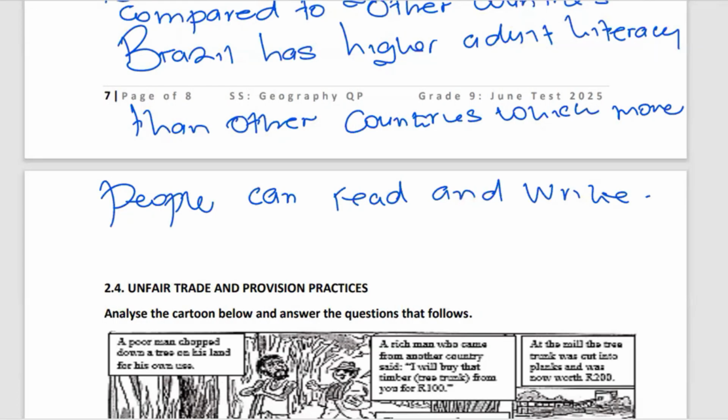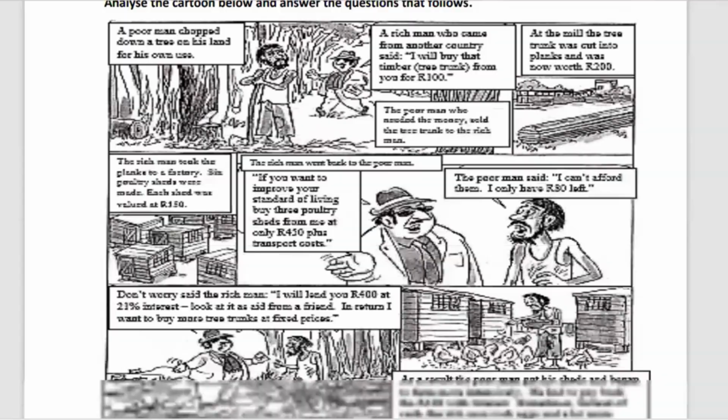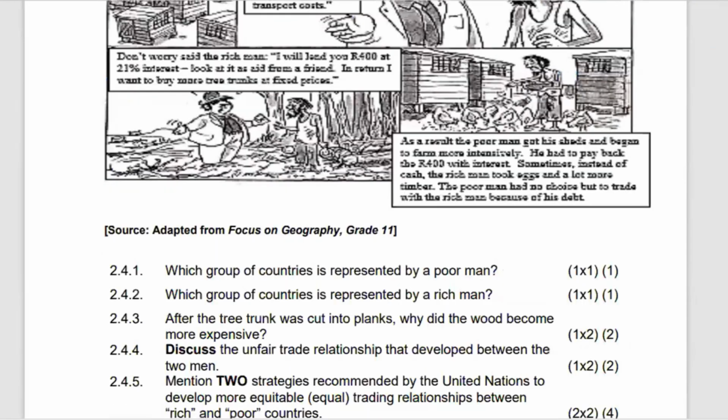Then we have unfair trade and provision practices. Okay, we have the cartoons here. Which group of countries represented by a poor man? Those are less economically developed countries. Then which group of countries represented by the rich man? Those are more economically developed countries.